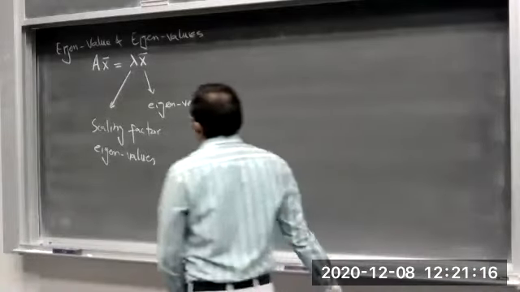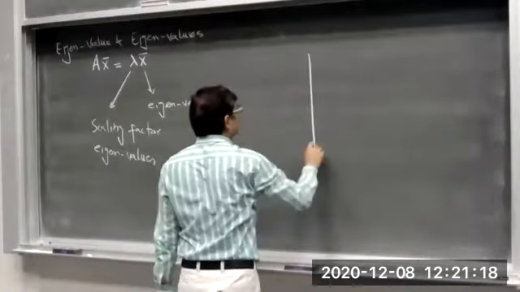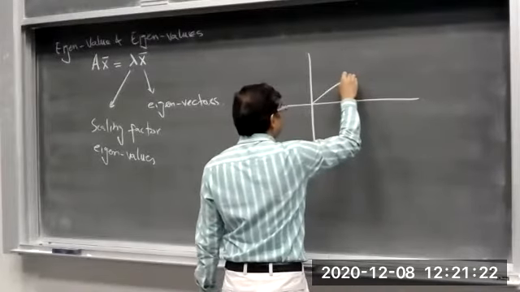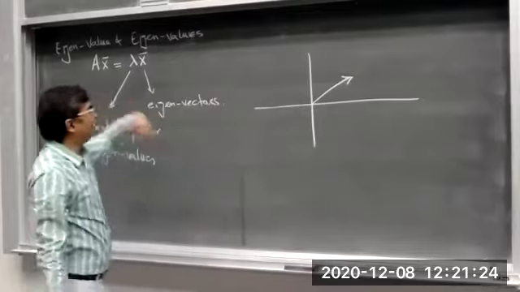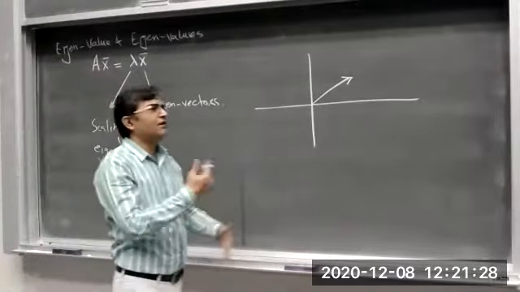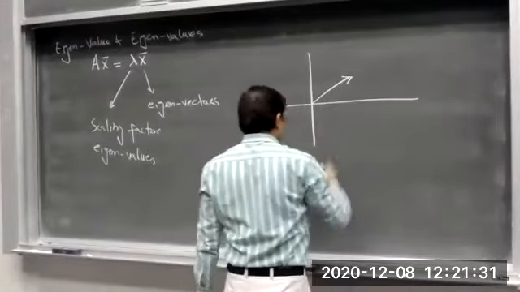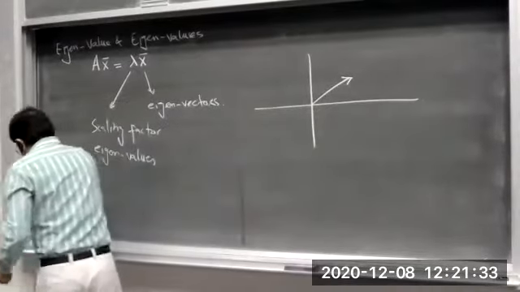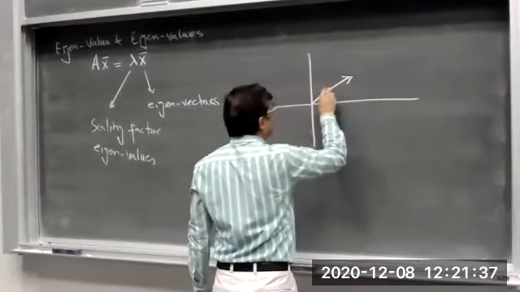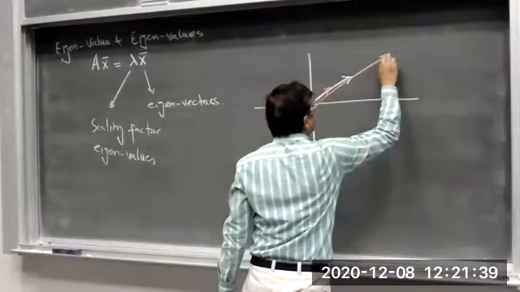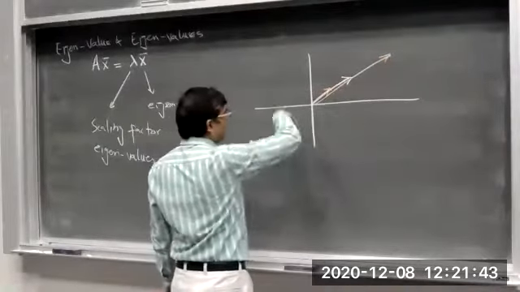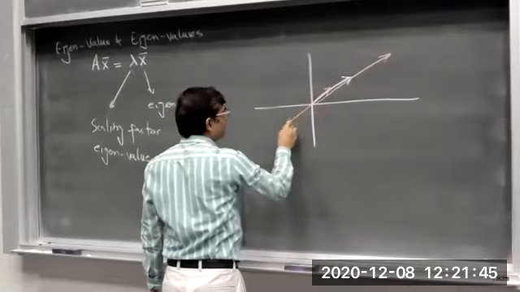Because geometrically, x is some vector, and if we multiply it with a transformation A, it is going to transform this vector into a new vector, but it will only be scaled. Either it will be contracted, or enlarged, or go towards the opposite direction.